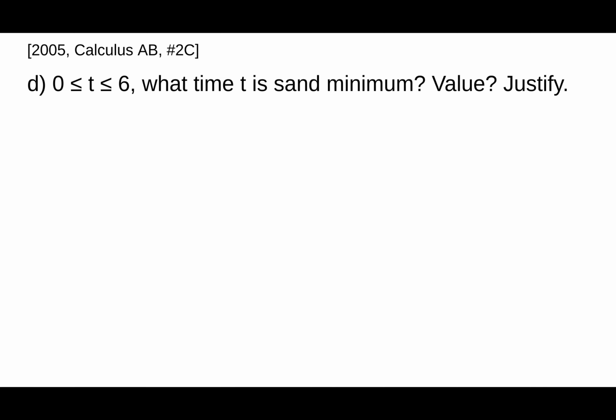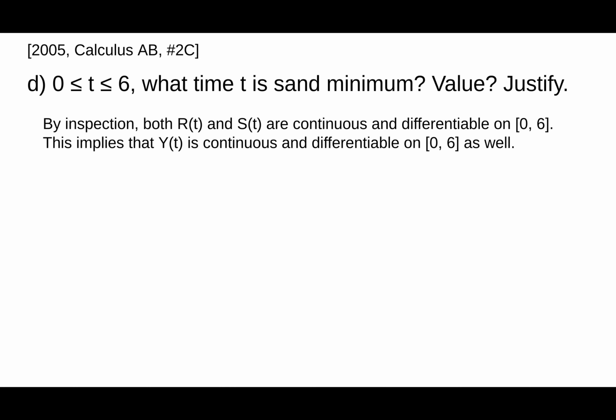In part D, we are asked, on the interval from 0 to 6, at what time t is the sand at a minimum, to find that minimum value, and then to justify our conclusion. So by inspection, r of t and s of t are both continuous and differentiable on the interval from 0 to 6. R of t is a trigonometric function involving sine. Sine has no discontinuities.